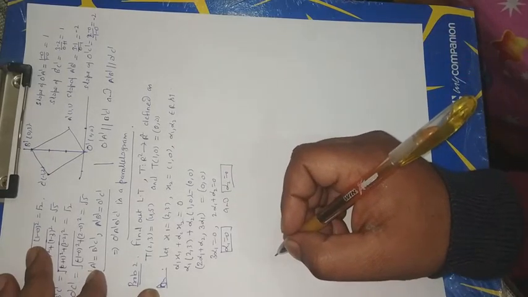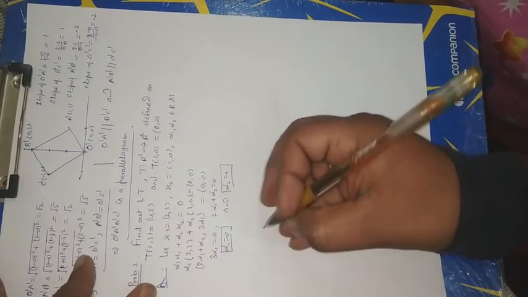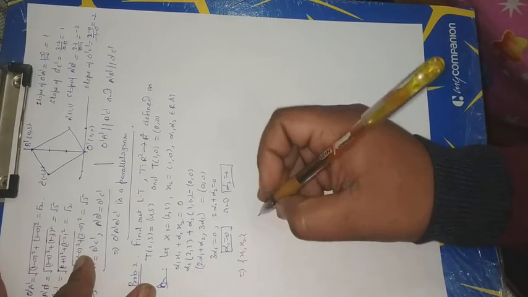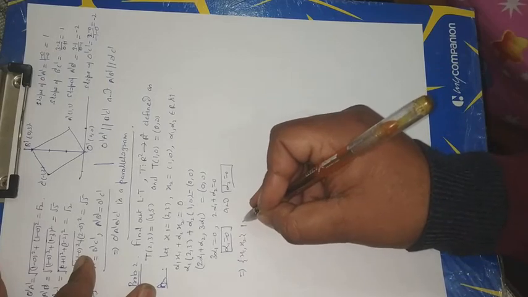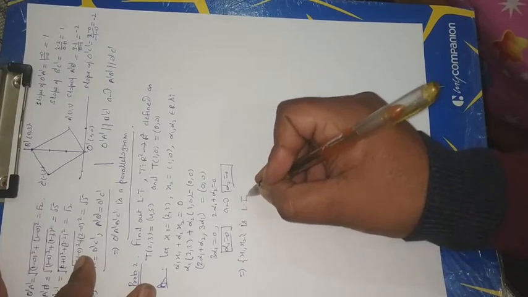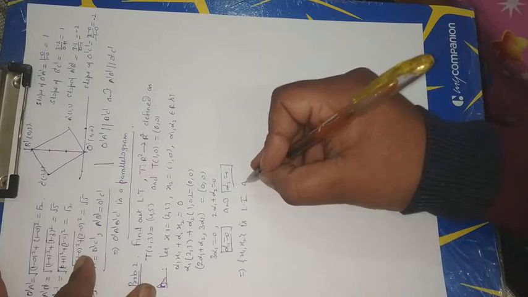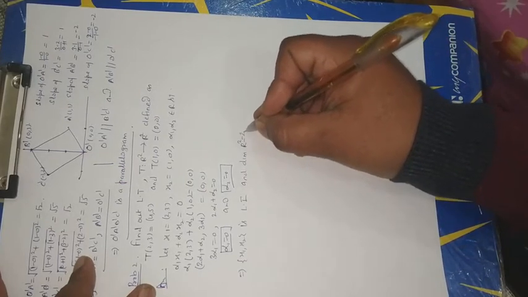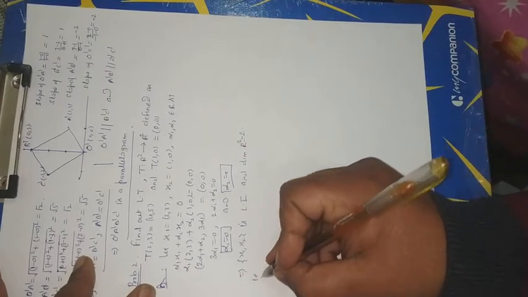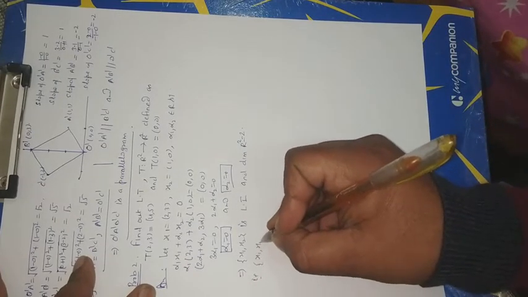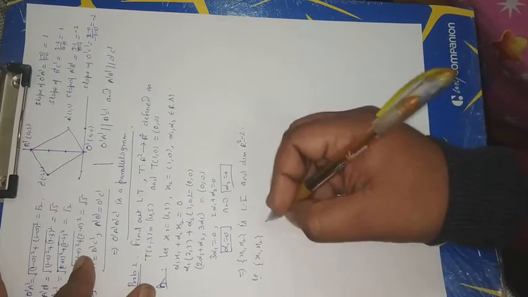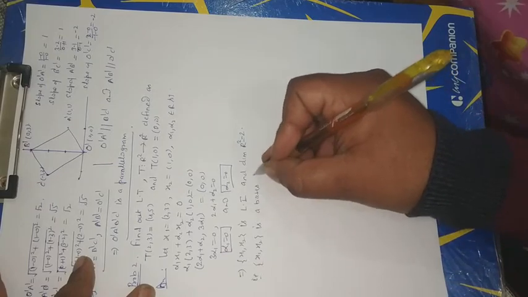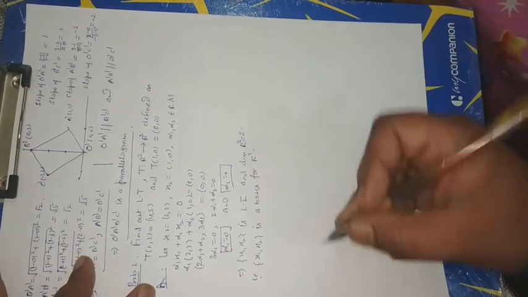Therefore, x1, x2 are linearly independent, that is, vectors x1, x2 are LI, and dimension of R square is equal to 2, so x1, x2 is a basis for R square. Okay.